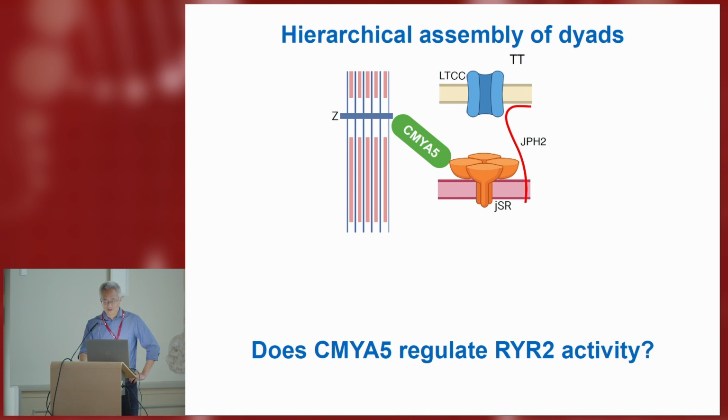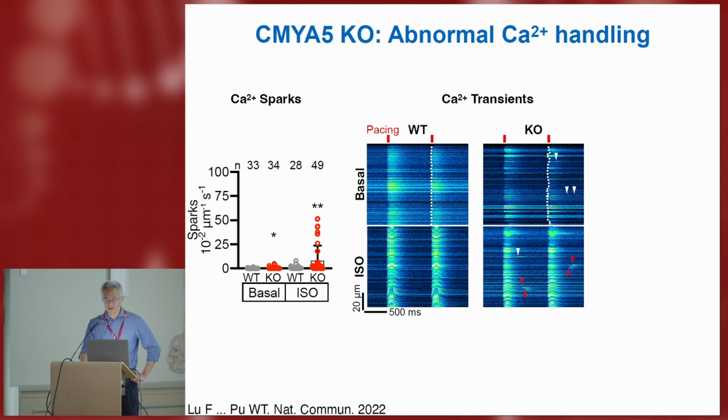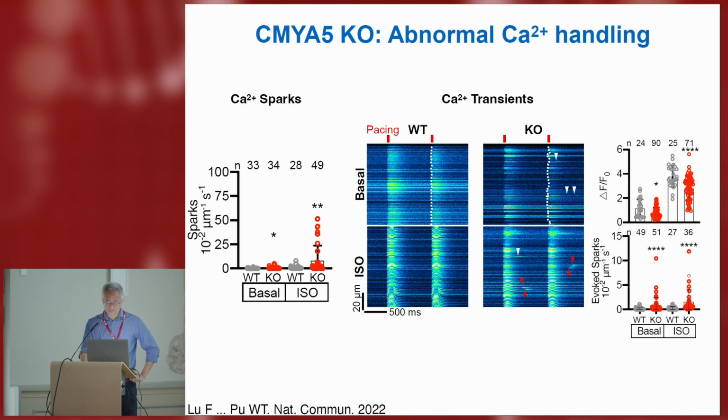Because of this protein-protein interaction between CMYA5 and the ryanodine receptor, we also wondered if it might directly regulate the activity of the ryanodine receptor. So we looked at calcium sparks, which are elevated in the mutants. We also looked at the calcium transients, and instead of this very nice sharp upstroke of the calcium transient, you get a ragged edge so that the calcium transient has a lower amplitude.